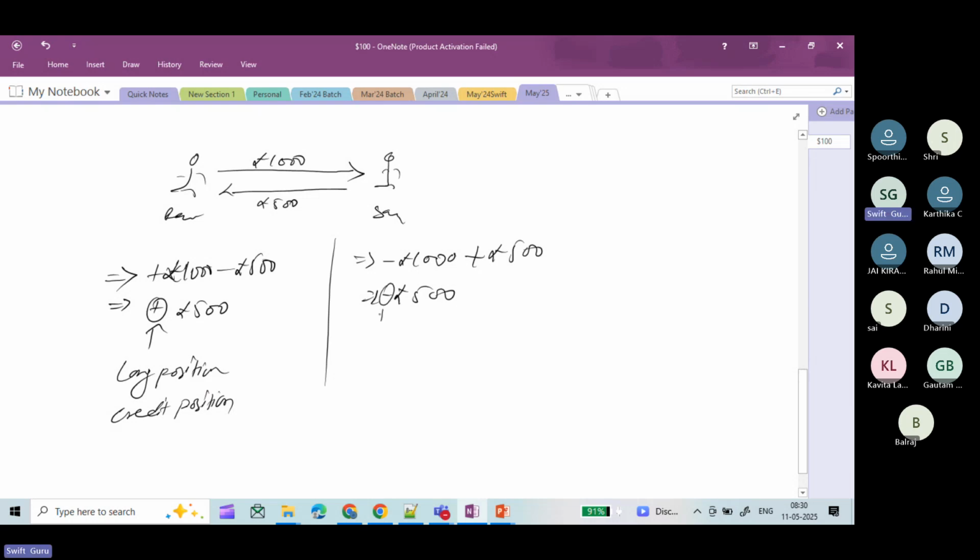So this is a negative position called a short position, or also called a debit position, which means that Mr. Sam has to pay off 500 to Ram.